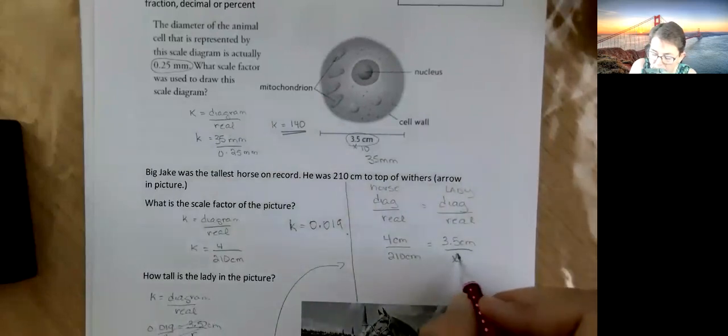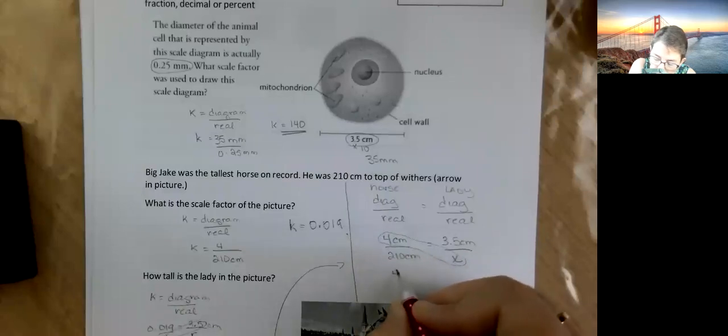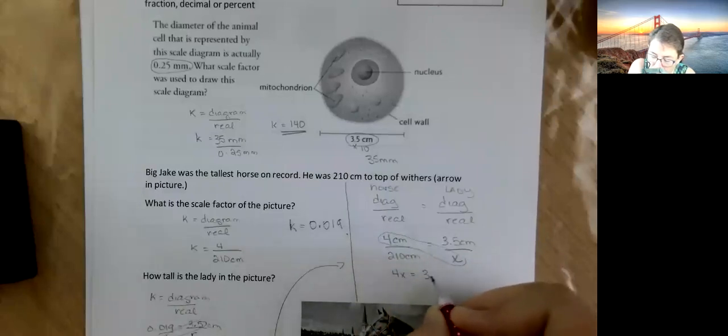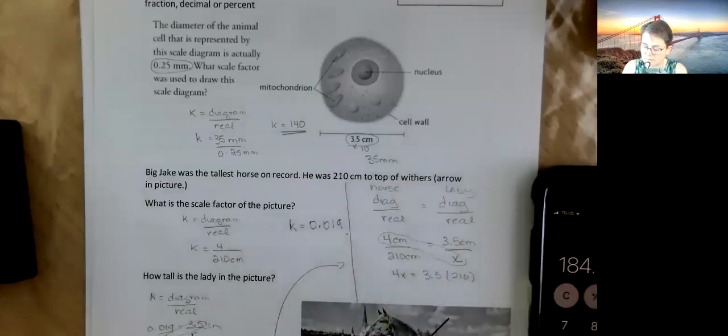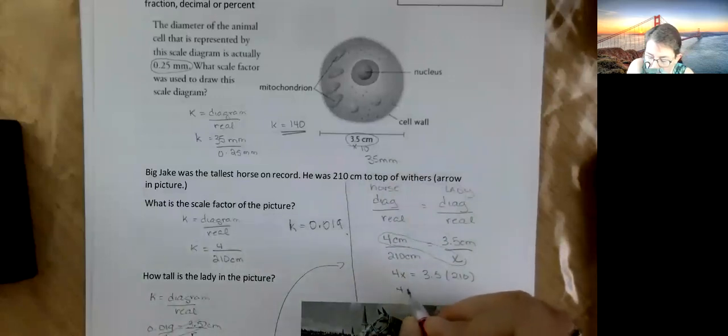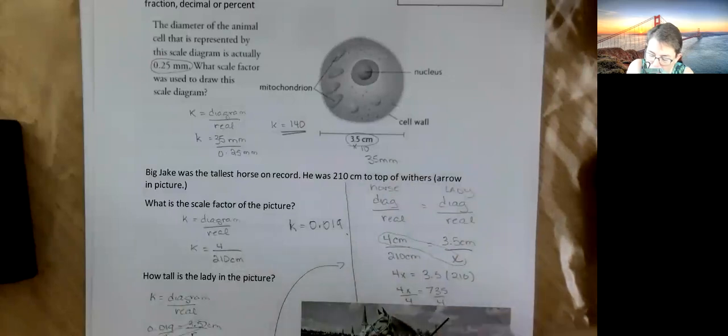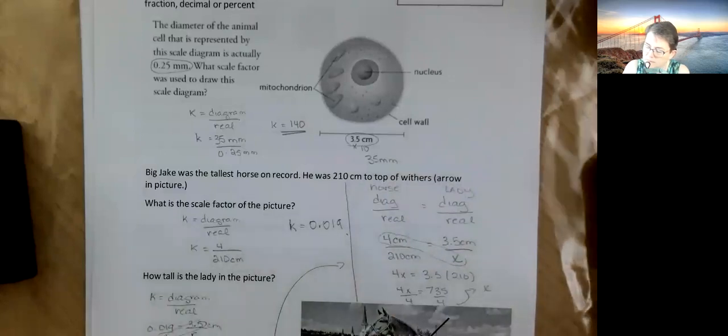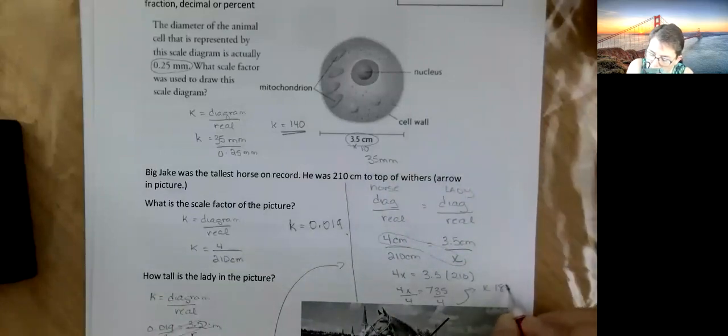So cross multiply. 4x is equal to 3.5 times 210, which is 735. Divide by 4, divide by 4. That gives you 183.75, which we can round to 184.